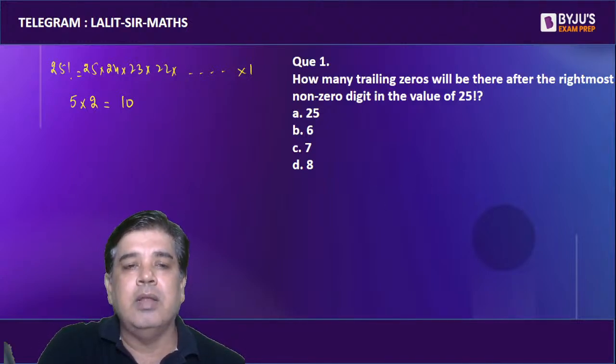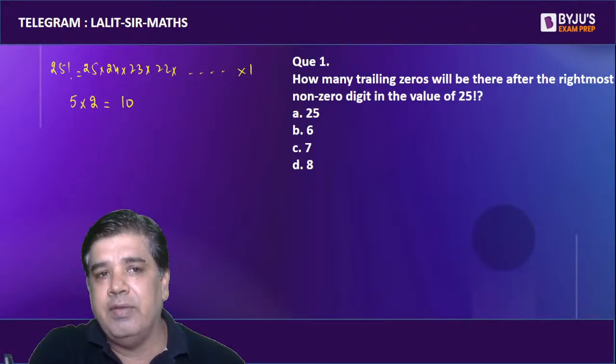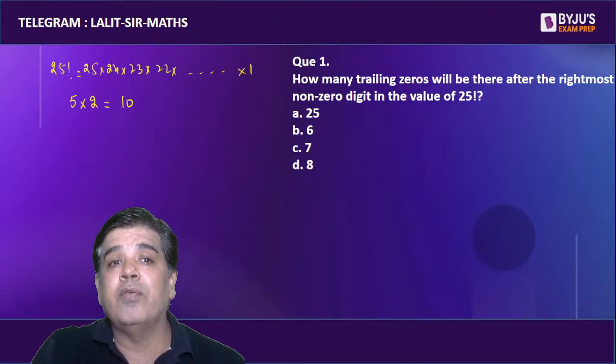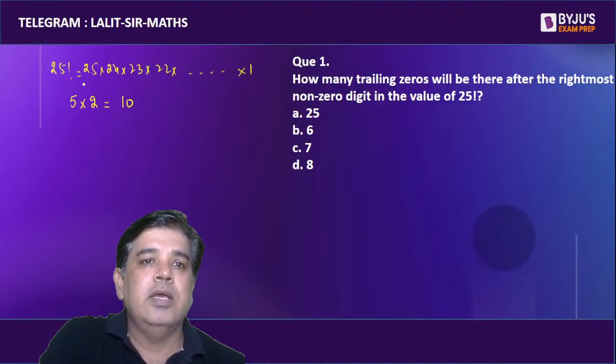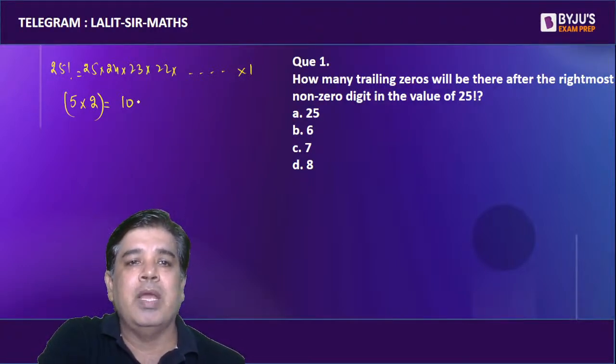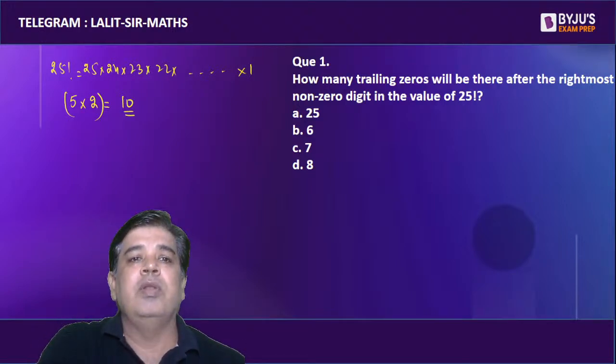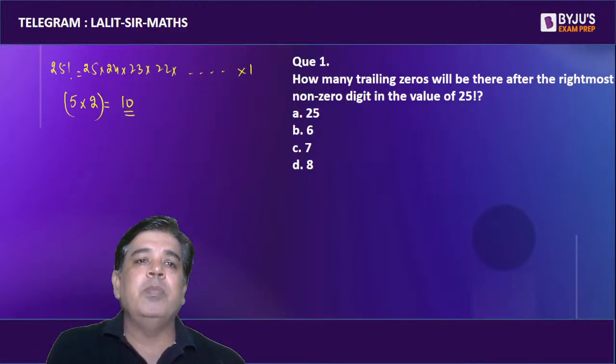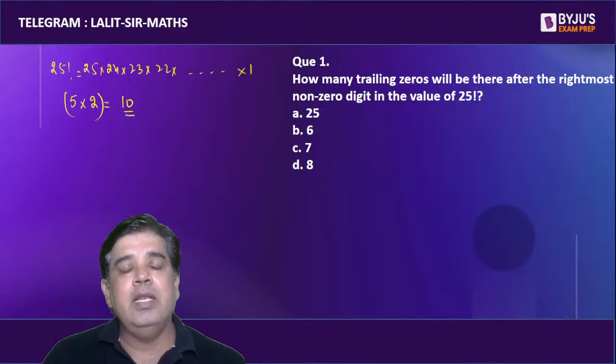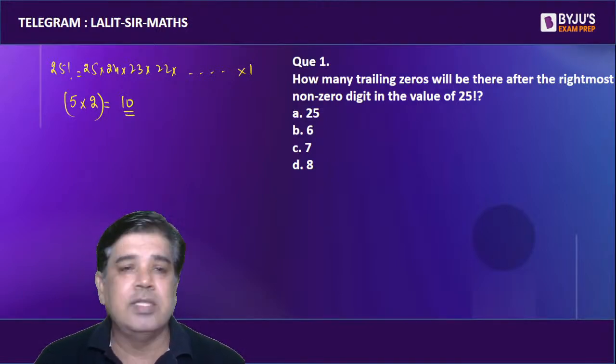So it means the number of 2s and the number of 5s will tell us the number of tens in the product. One pair of 5 and 2 will make 10. If we have three 5s and three 2s, then there will be 3 tens.